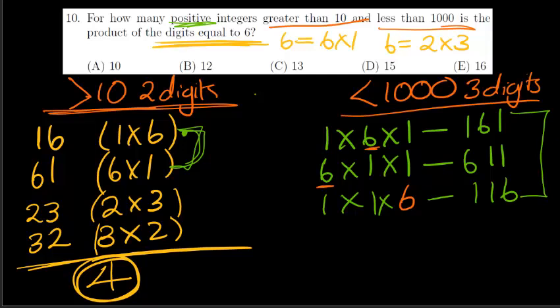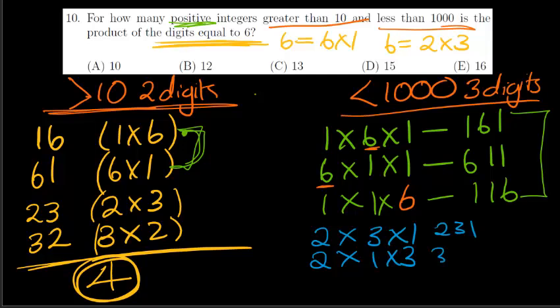All right, let's do the 2 and the 3. I can put the 2 in the first place. I can say 2 times 3 times 1, and keeping the 2 in the first place, I can say 2 times 1 times 3. That works out. So this gives me 231 and 213.